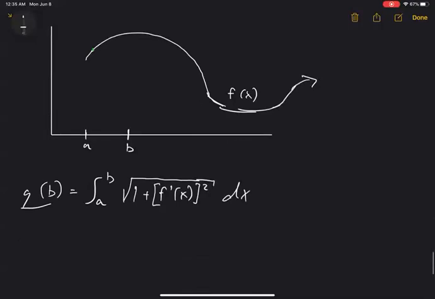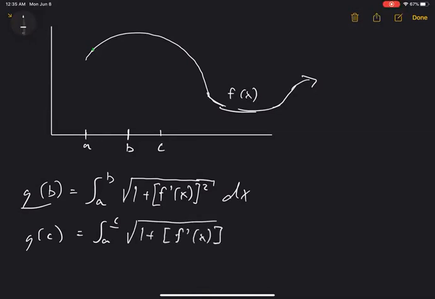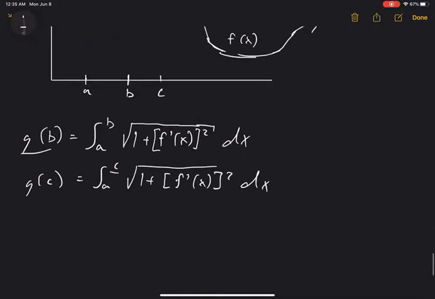And if I wanted to find my arc length up to c, it'd be very similar, except at this endpoint, this bound, I'd have c for my integral. And in general, if I want to call this a function, I can just put x here, and I should have x here as well.